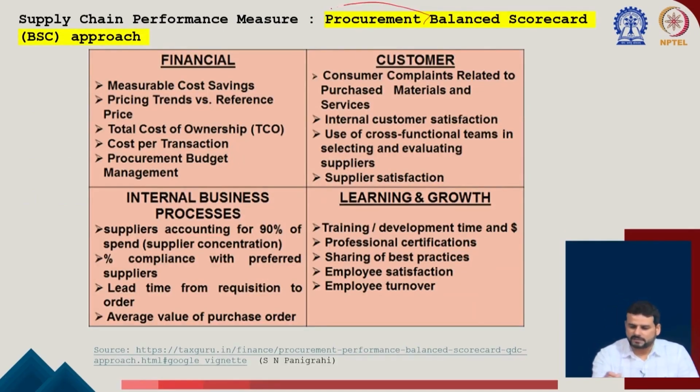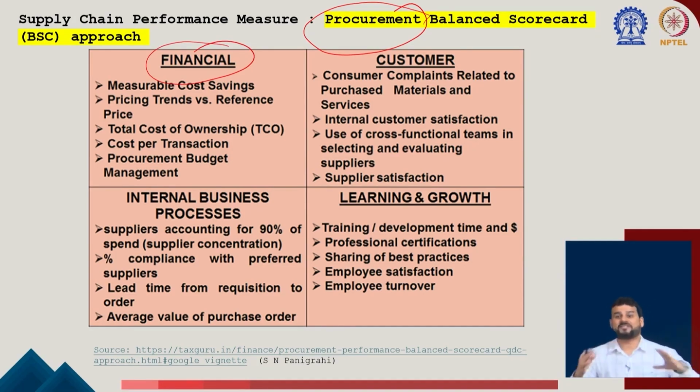So let's talk about this supply chain perspective, this balanced scorecard framework, specifically with the procurement. Talking about procurement, financial measures will be how we can save cost. That means we need to negotiate with the vendors. How you can negotiate with the vendors? When you are having more purchasing power, when you are buying in bulk, right? So that purchasing power you can use to negotiate with the vendors.